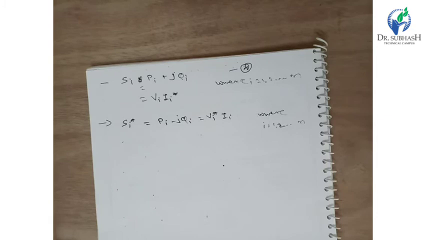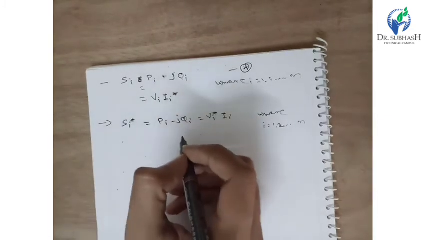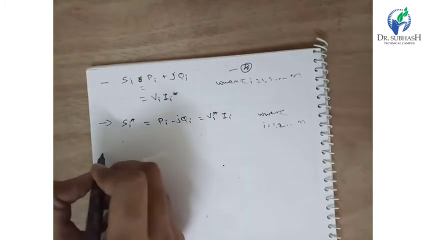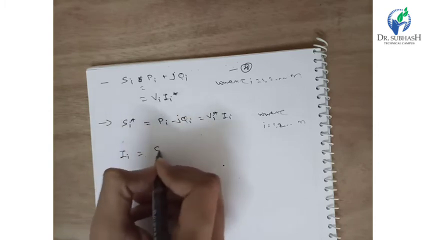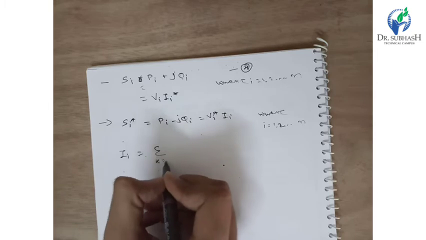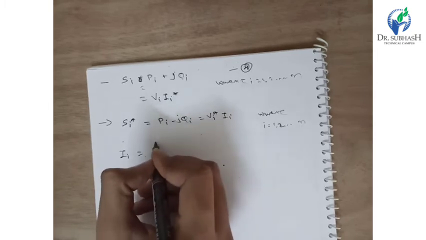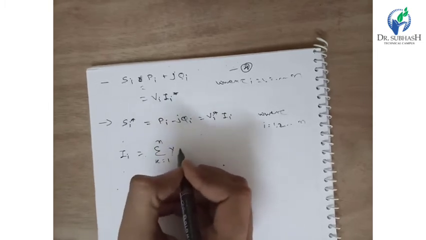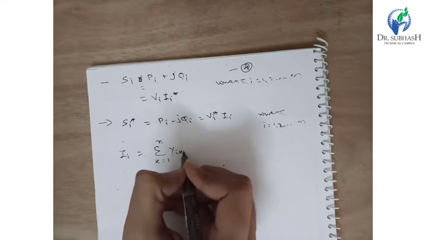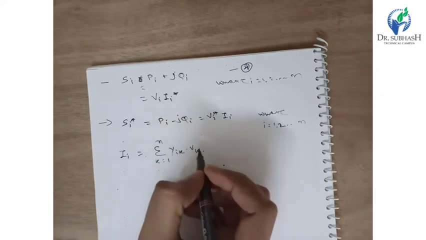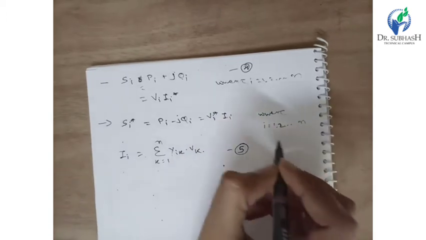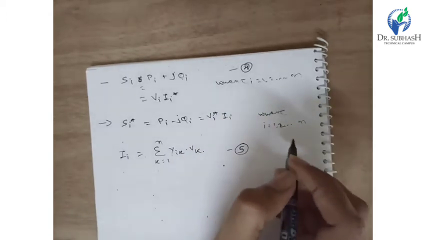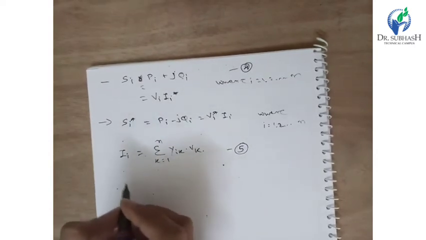Now we substitute the value of Ii. For the substitution, Ii is equal to the sum over k equal to 1 up to n of Yik into Vk, in equation number 5.